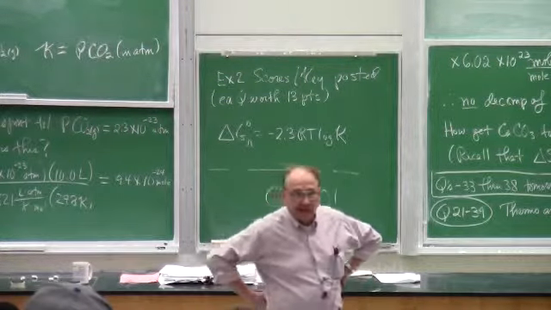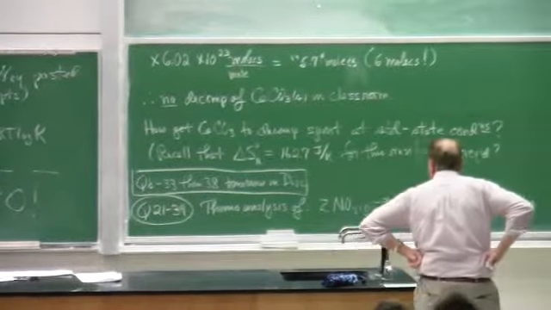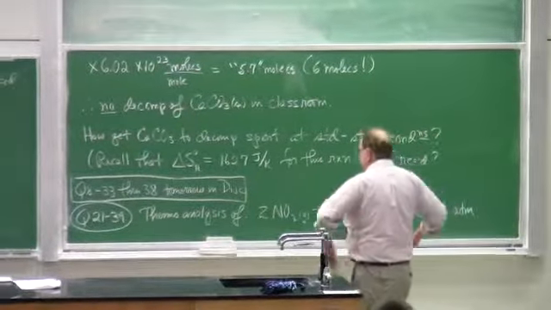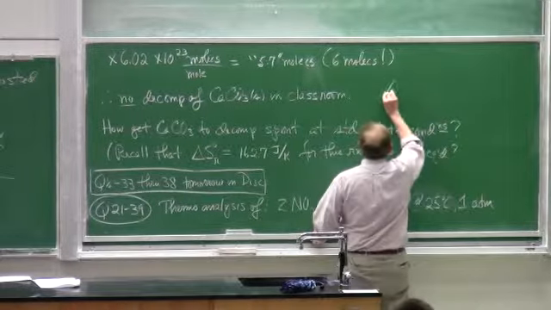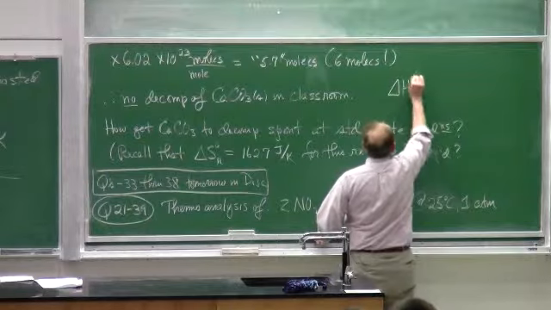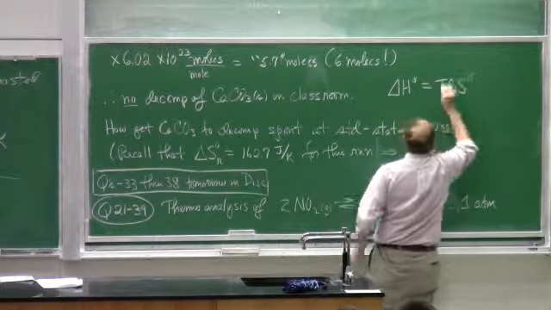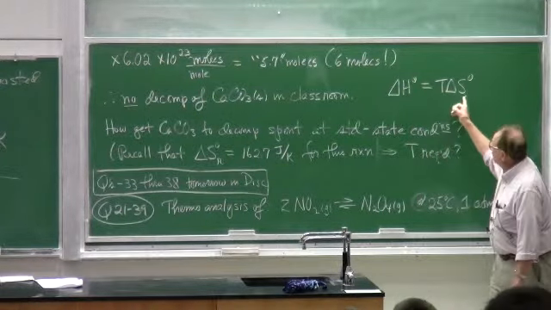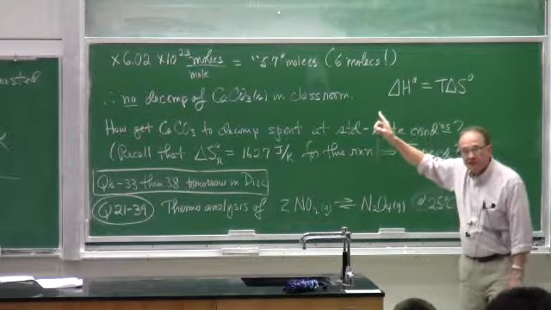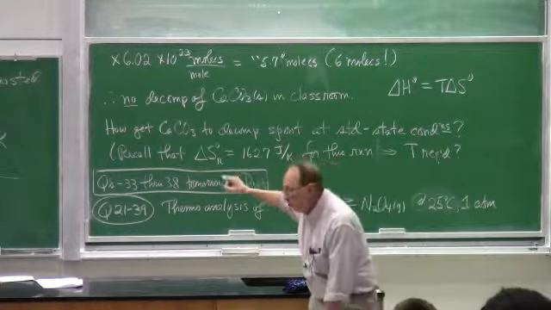So let's take a look at the equilibrium temperature, because that we can get from this. Do you realize when this condition exists, the value for delta G0 is how much? 0.